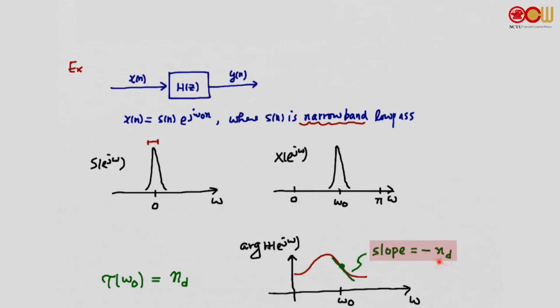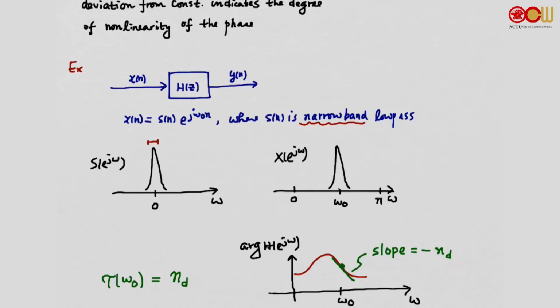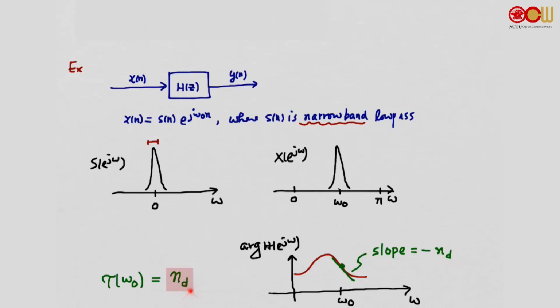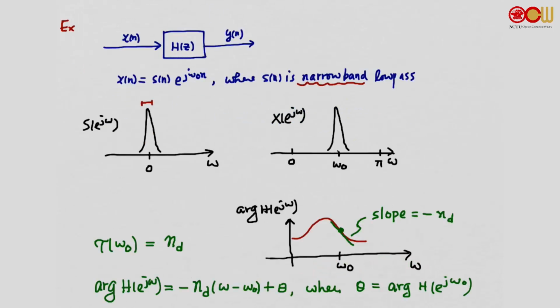Since the group delay is the negative of the derivative of the phase, and the slope is minus nd, the group delay is just nd. Or we can say that the group delay function is the negative of the slope. Now we can approximate the phase function around omega 0.